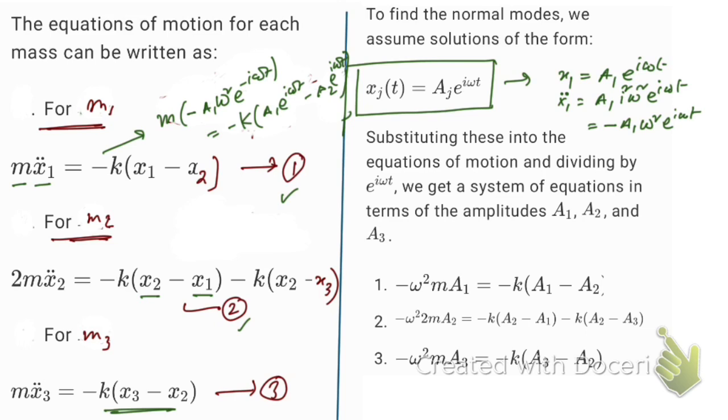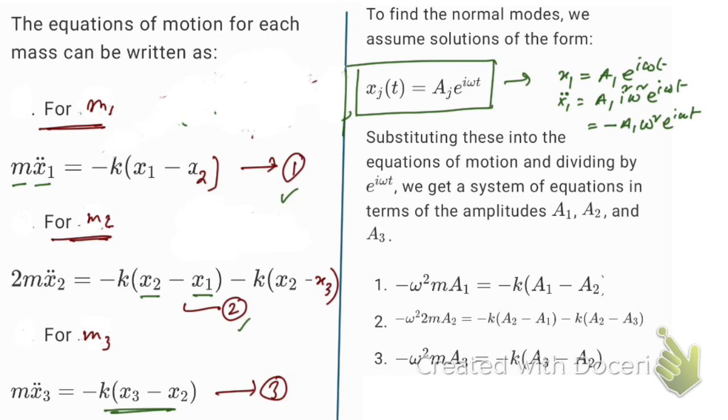From each and every term we can cancel e to the power i omega t. Let me write it properly.